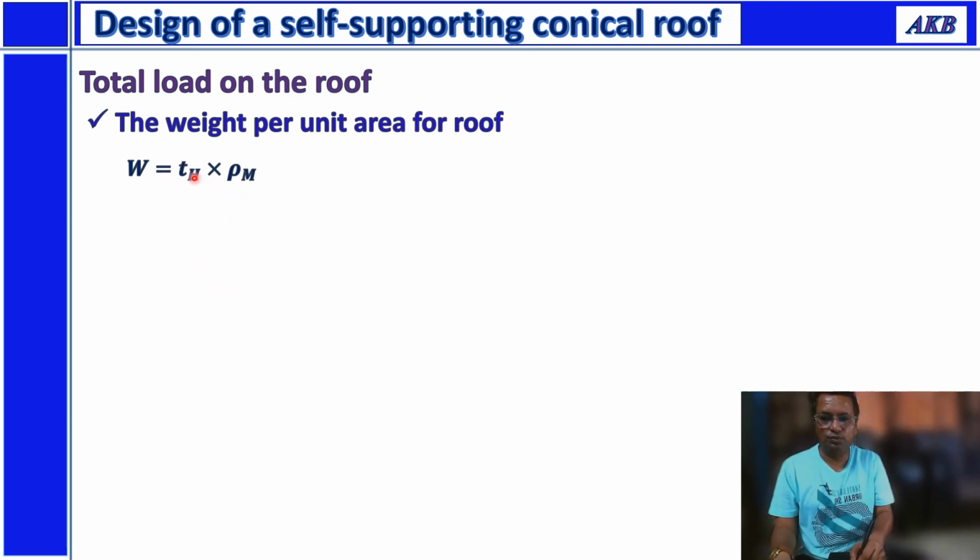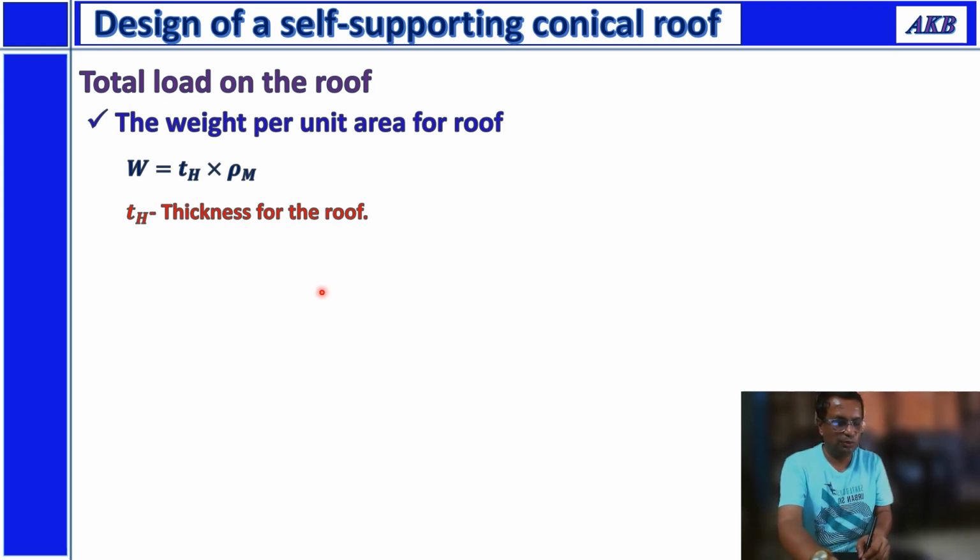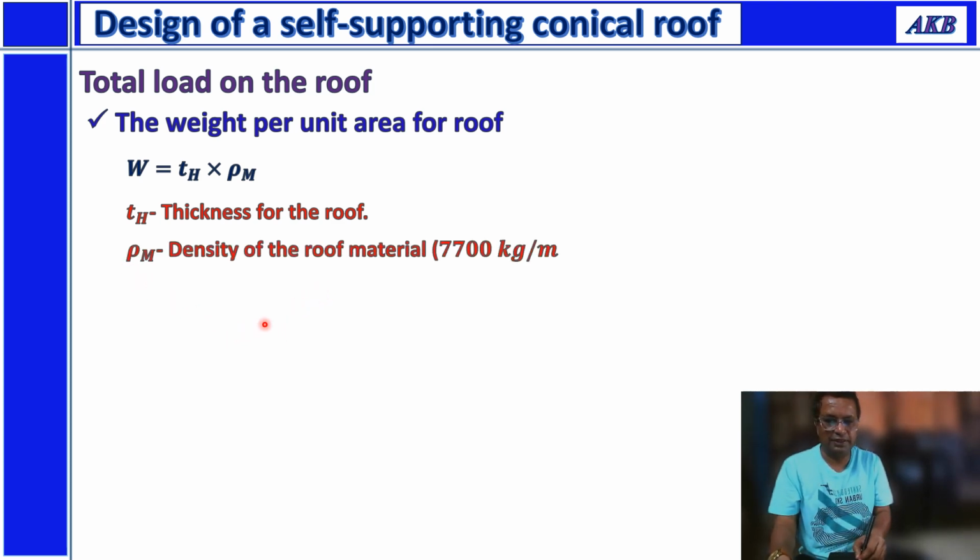Thickness we don't know, we are going to calculate. Density of the material is given to us. So TH is the thickness of the roof, and rho m is the density of the roof material, which is given to us as 7700 kg per meter cube.